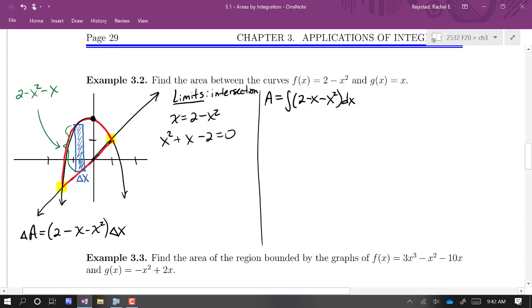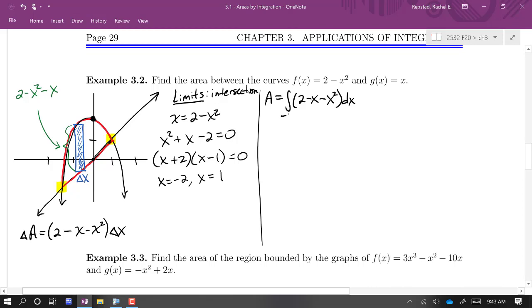There's a quadratic. You could solve it in whatever your favorite method is. In this case, I think it can be factored, so I'm just going to go ahead and factor it. We get x plus 2, x minus 1 equals 0, and that gives us the values x equals negative 2, x equals positive 1. And if you look at the graph, that seems plausible. My drawing is definitely not perfect, but those are our values that we get. So those are our limits.